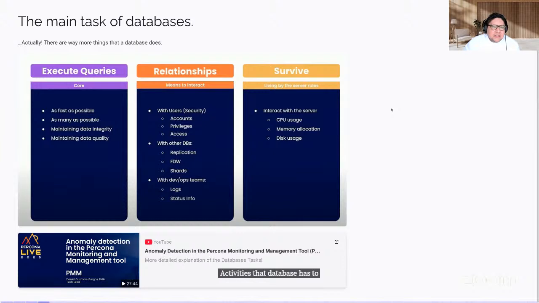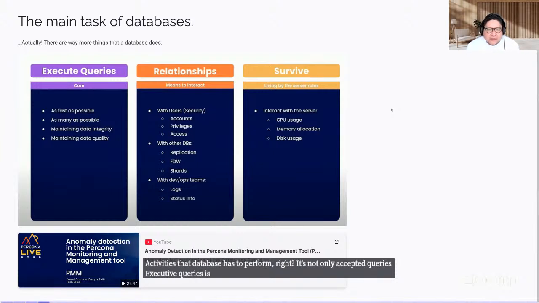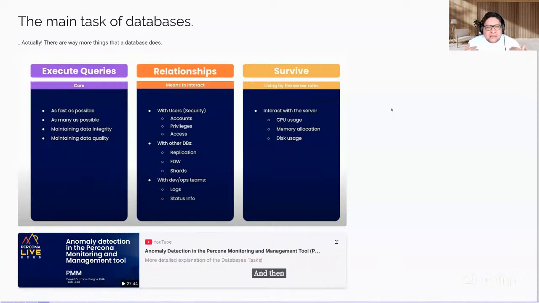It's not only executing queries, but executing queries is the core one, the most important one, as fast as possible, as many as possible. And then you can add things like maintaining data integrity, maintaining data quality.